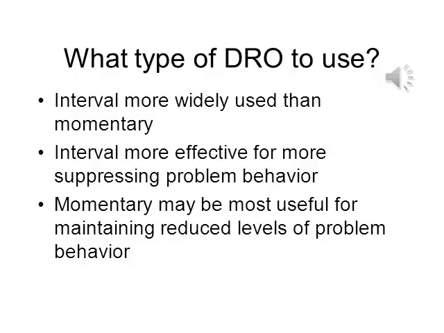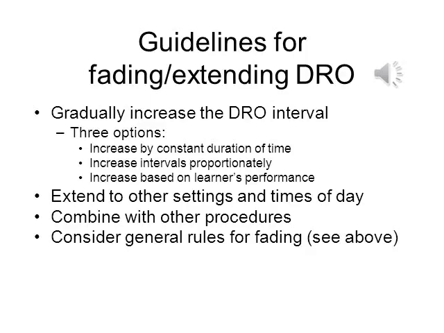So some people might want to start with an interval DRO, and once behavior is down to an acceptable level, shift to a momentary DRO. Momentary DROs are usually easier to manage, and it allows you to fade out a type of differential reinforcement intervention.